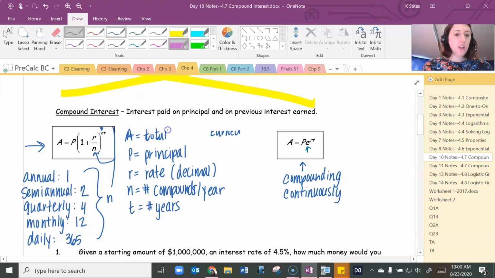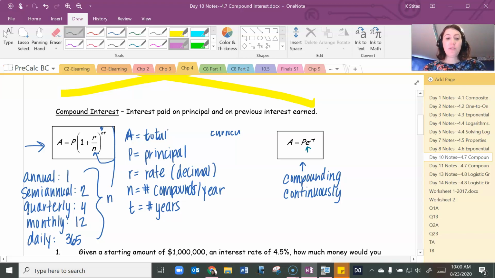There we go. So for compound interest earned, P stands for our principal, which is the amount of money we put down. A stands for our total amount. R is our rate as a decimal, N is the number of compounds per year, and T is the number of years.